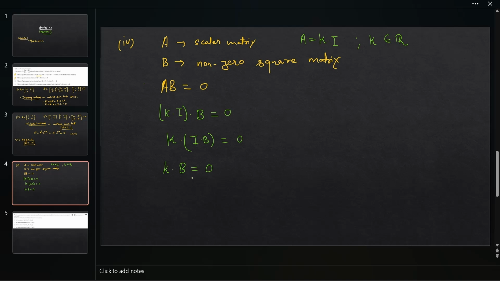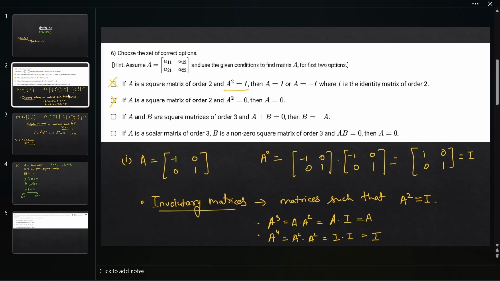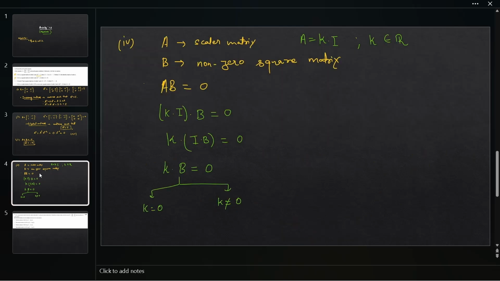So now let's take two cases. The first case is k is equal to 0, or the second case is k is not equal to 0. First let's check what was asked in the question. It was asked that A is equal to 0.